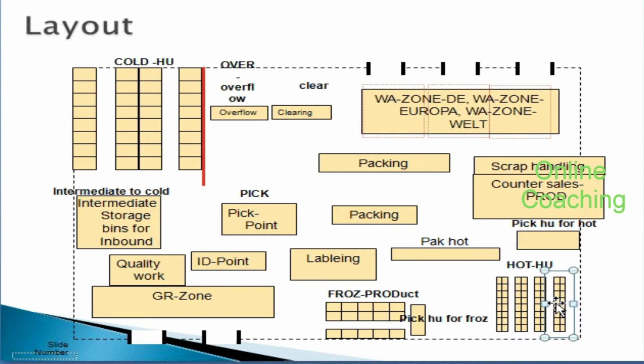The resource is assigned to two queues. Exactly. So the cold picker gets only the work that belongs to the cold goods, and the hot picker gets only the work to pick the hot goods.